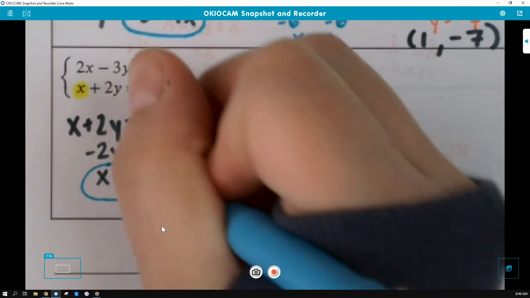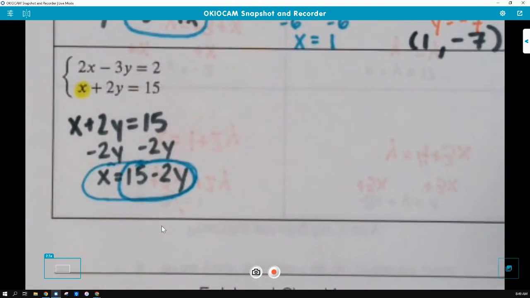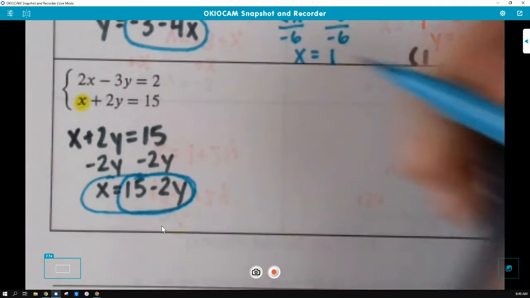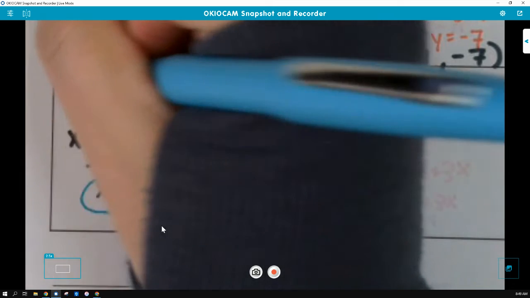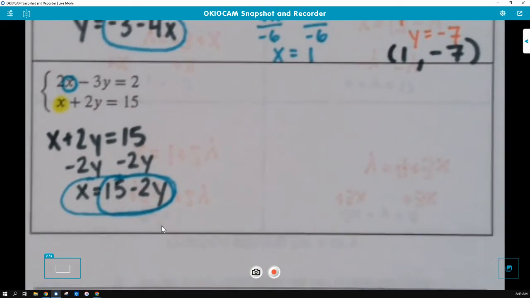That 15 minus 2y, I circled this whole thing. I should have only circled this. That 15 minus 2y now gets to get plugged in for x in my other equation, because I've solved for x, and now I plug it into my other equation.